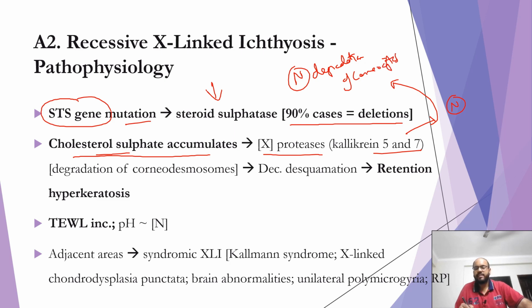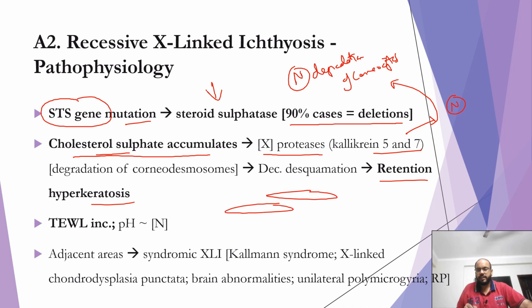So when these proteases are not there, the corneocytes are not degraded, and that leads to retention hyperkeratosis. Remember, in retention hyperkeratosis, the cells are not able to leave the skin layers. Why are they not able to leave? Because the corneodesmosomes are not degraded. Now let's do a simple revision first.